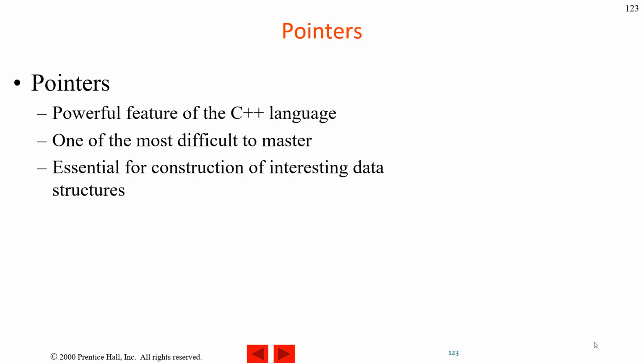But at the same time, it is rather tricky to master the concept of pointers. So hopefully in this video we are going to look at enough examples, and I'm going to have an analogy, so hopefully you will have a better understanding of what pointers are by the end of this video.